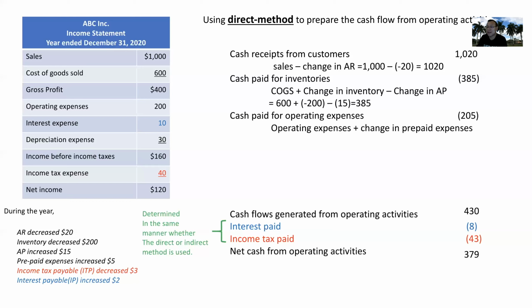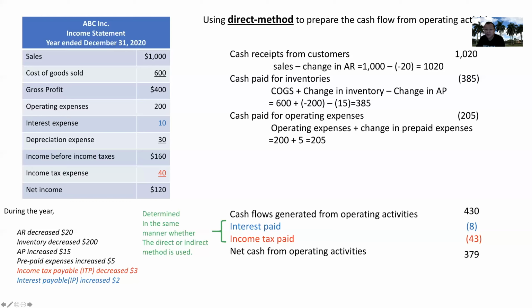Operating expenses are $200. The change in prepaid expenses is an increase of $5, so you add $5. If you prepaid more, that means you are spending your cash. So it's 205.